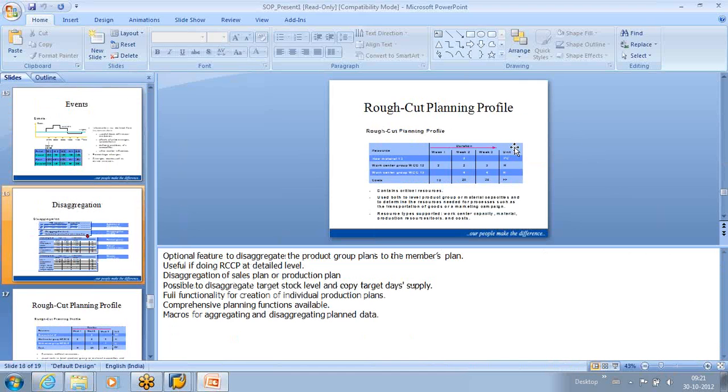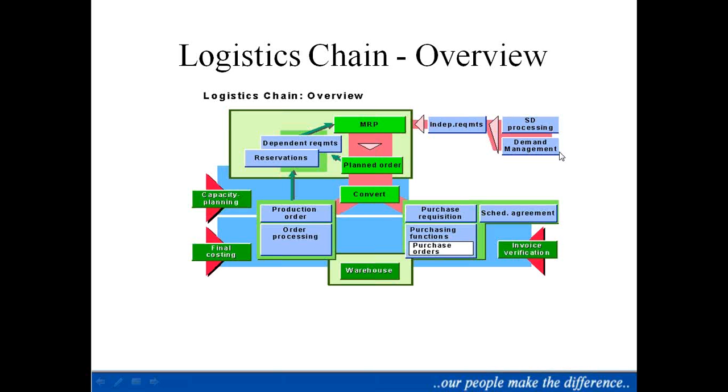So ultimately our demand management, that means our SOP, the sales figures are transferred to demand management. This demand management in turn will generate the independent requirements in the system. Once the independent requirements are there, this cycle keeps on running, which we will see how to go ahead with. We are starting from here to here so far. Is that clear? Okay.